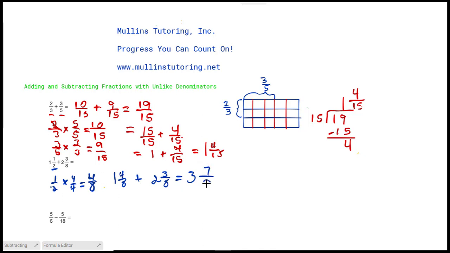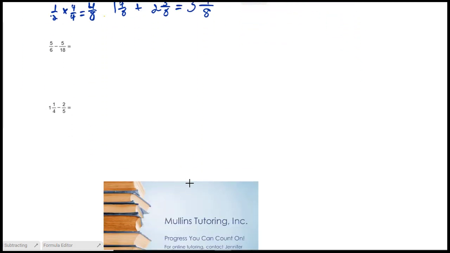My denominator is 8. I have a proper fraction because my numerator is less than my denominator. And since they share no common factors other than 1, that is in simplest terms. So my final answer would be 3 and 7/8.